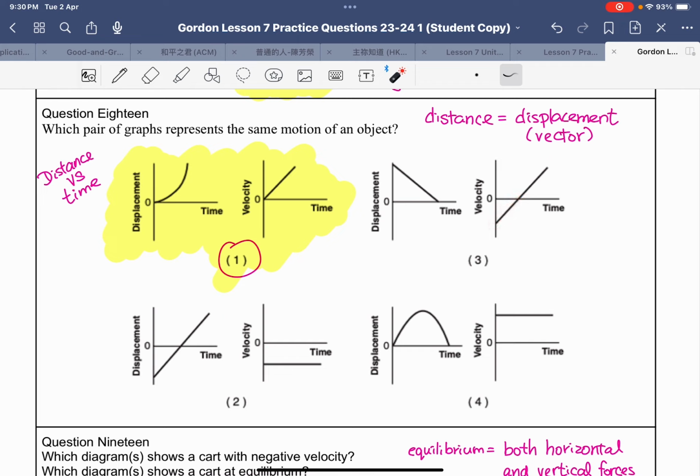If I could show you with a pen, I'm moving in that direction, but I'm doing it slower and slower until I reach 0, and then I just start moving in the opposite direction and speed up as I go. That's the type of motion that was happening. Let me erase that.